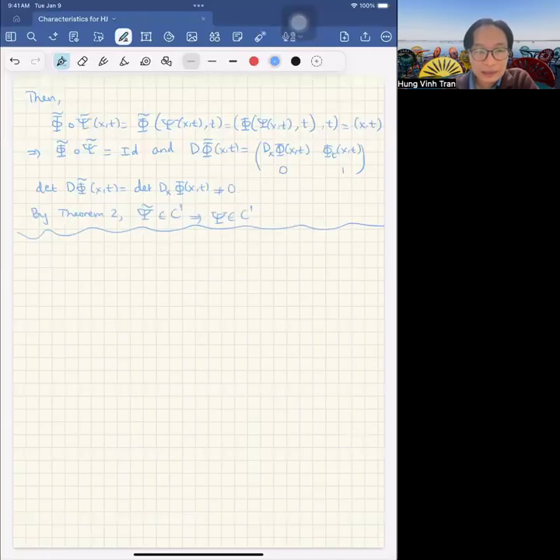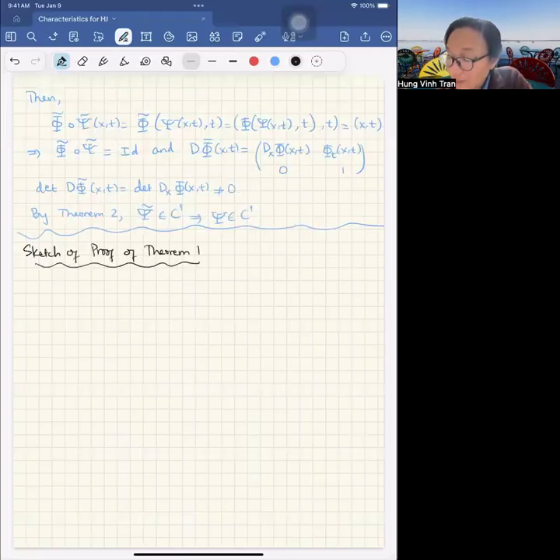Now that I'm ready, I can just write out the proof. The proof is actually very simple because we have prepared everything that was needed. Finally, I have now a sketch of a proof of our main theorem for today, theorem 1. Let me recall the characteristic if you forget it.